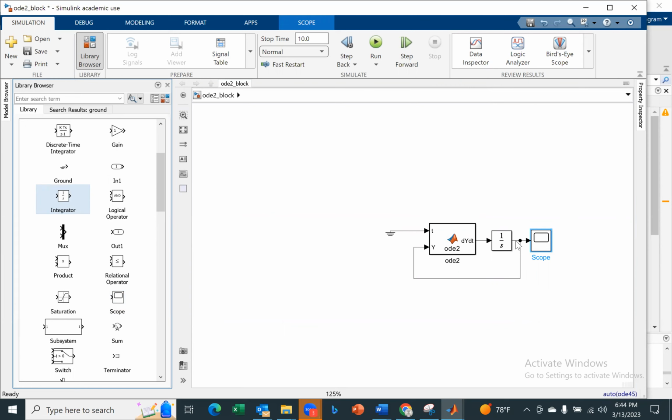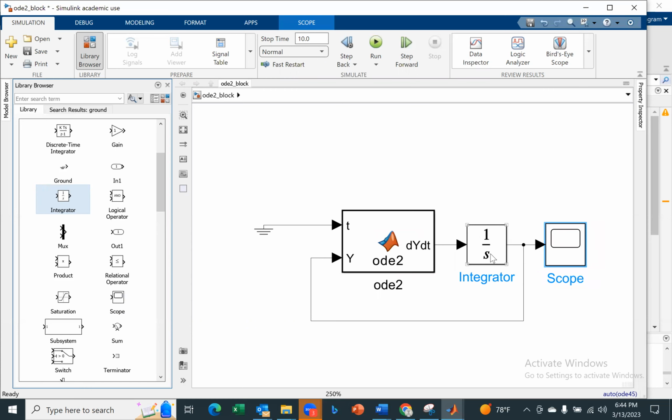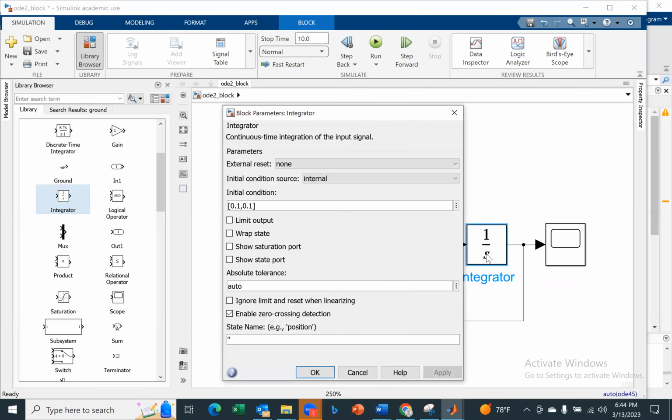Remember in the MATLAB script, when we ran the script, the initial conditions were 0.1 displacement, 0.1 velocity. So where would you add the initial conditions? You need to double click this integrator block. And can you see initial conditions here? This is where you want to add the initial condition. And once you run it, you get the answer.